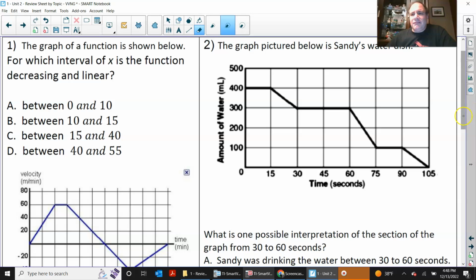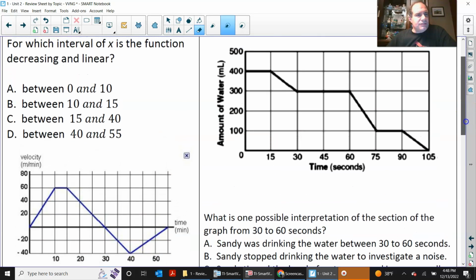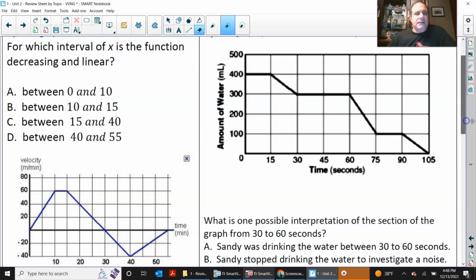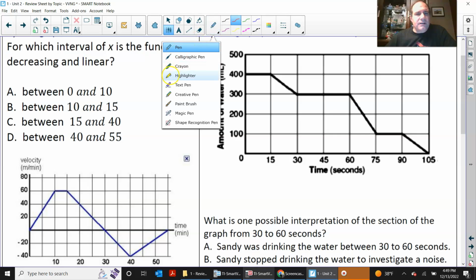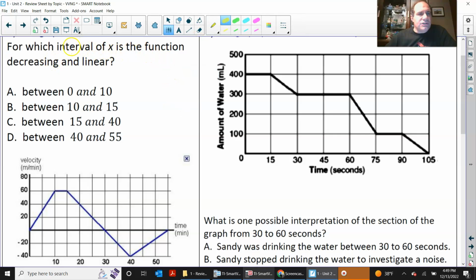So they love to ask these questions on any kind of test, state exam or anything like that. So for which interval is the function, I'm going to take my highlighter out, which interval of x, by the way, is it decreasing and linear?